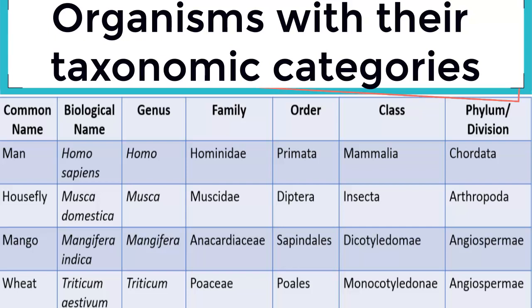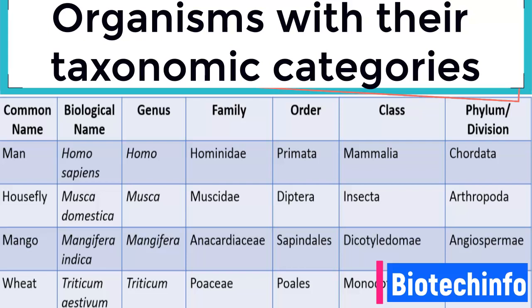Now, after this, we have in tabular form, children, the organisms with their taxonomic categories like common name, biological name, genus, family, order, class, phylum or division.